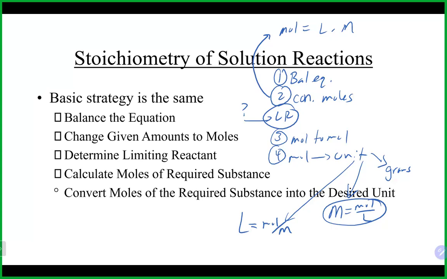So those are 3 common endings of this. Especially if you're doing solution stoichiometry, a good number of times you're probably either calculating the molarity, maybe like you did in the titration experiments, or you'll be looking for the volume, or how much volume. You can also look for grams if you're doing some type of precipitation reaction, or maybe you're forming something that is a solid. Any questions on that there?